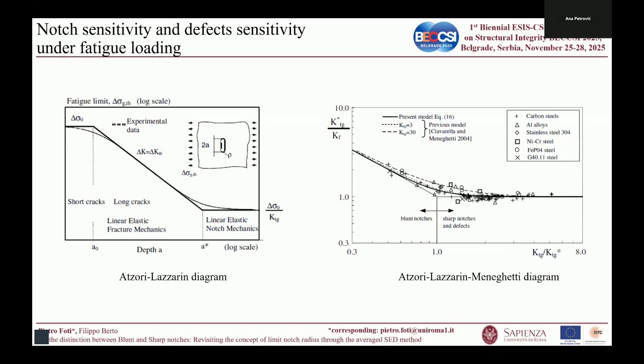And finally, it is possible to obtain a unique diagram like the one on the right in the slide, in which it is possible to consider both the blunt behavior and the sharp notch behavior and defect behavior by introducing a critical value for the stress concentration factor, that is the KT star here.